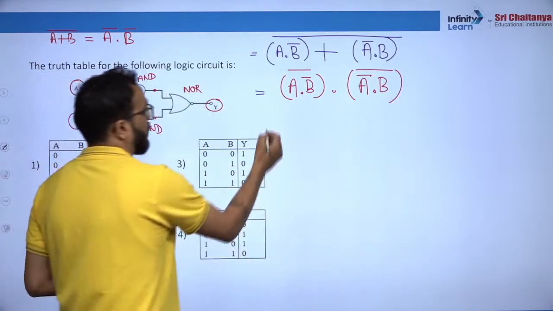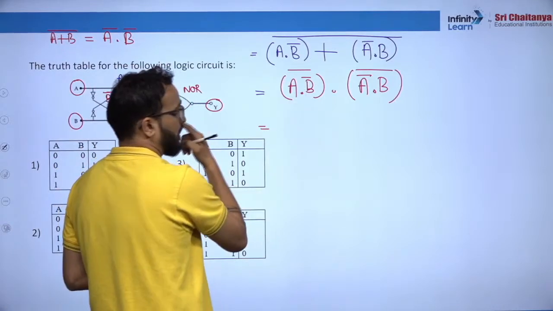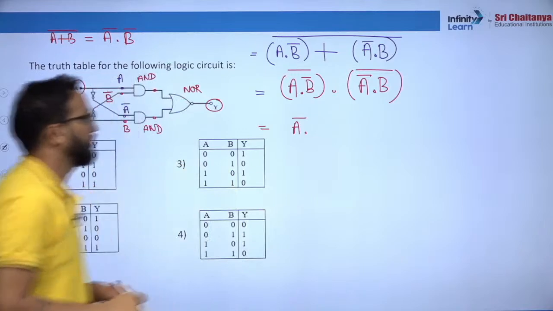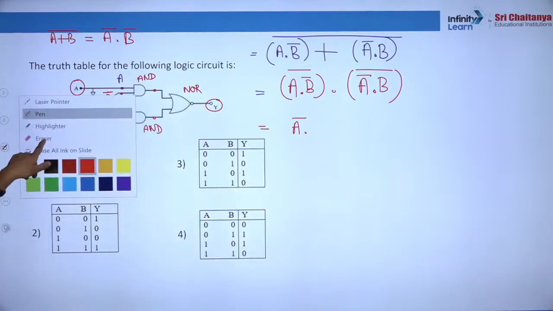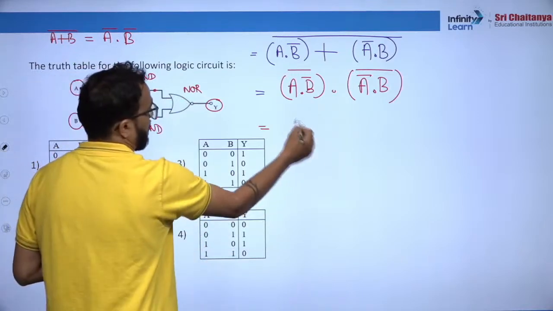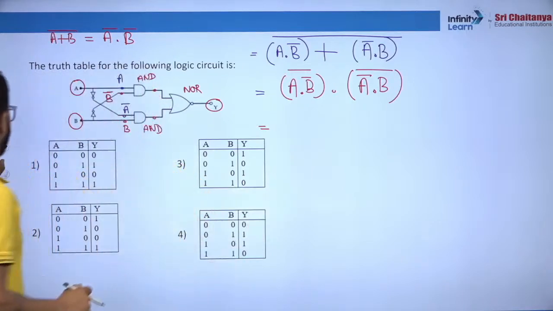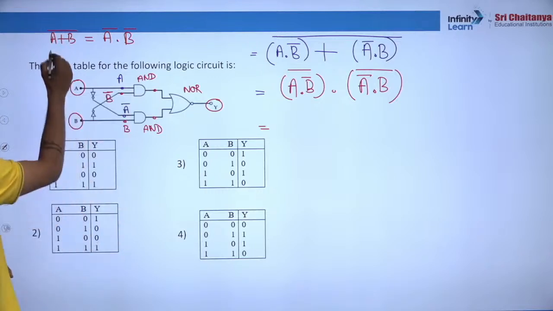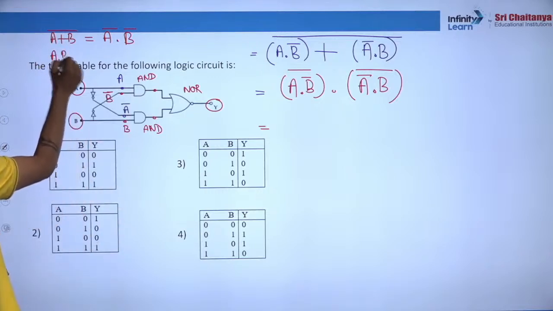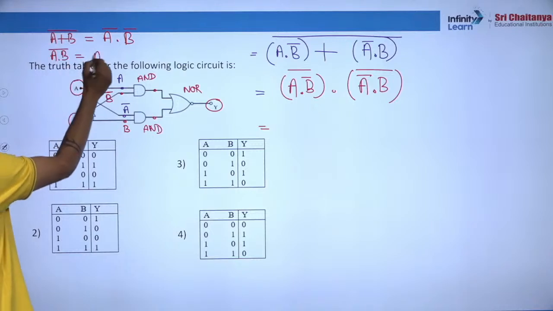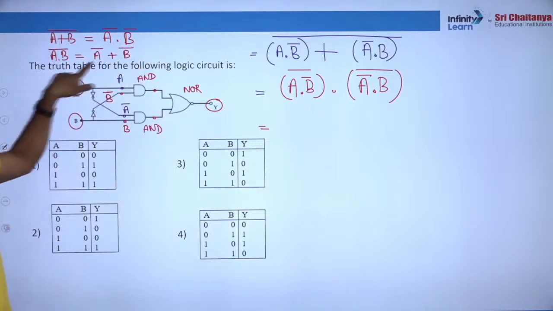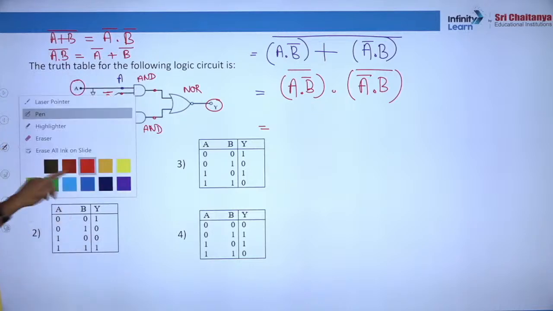So, what is this going to become? Now, just wait. One more formula we will use, and that is A dot B bar will be A bar plus B bar. Did you understand? We will apply this formula here.